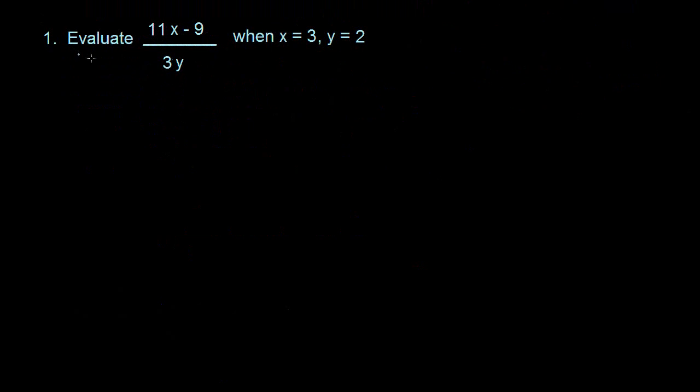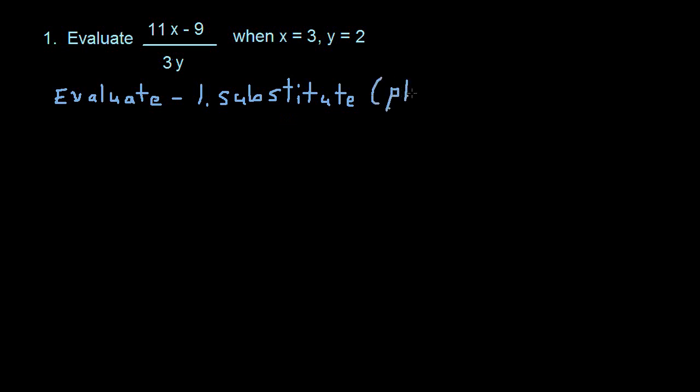And now let's evaluate. Well, what does evaluate mean? Evaluate means that we have to do two steps. And the first step is that we need to substitute. And there are other names for the word substitute. You might see or hear the words plug in mentioned. That means substitute.